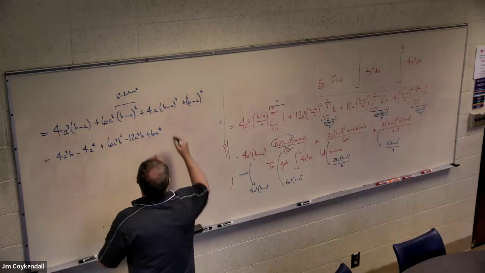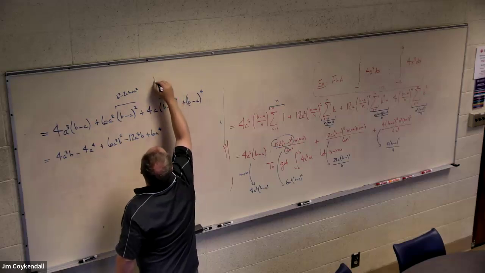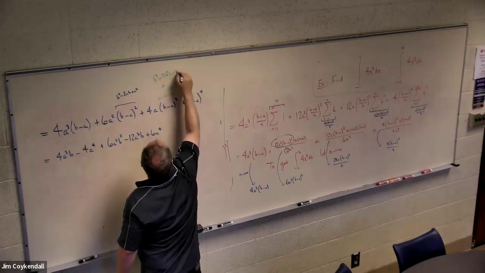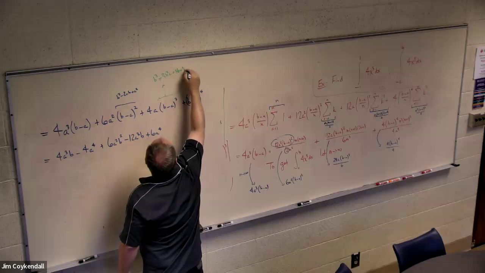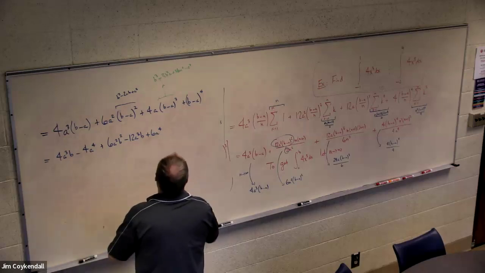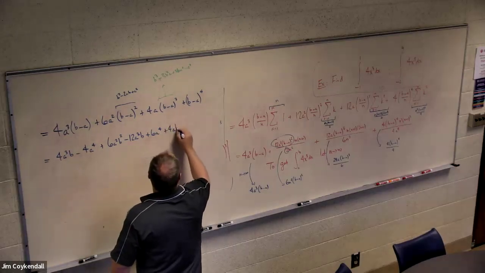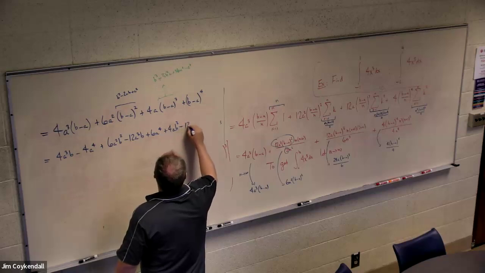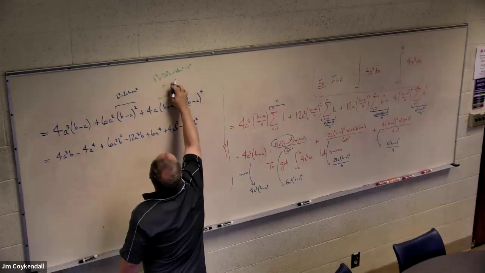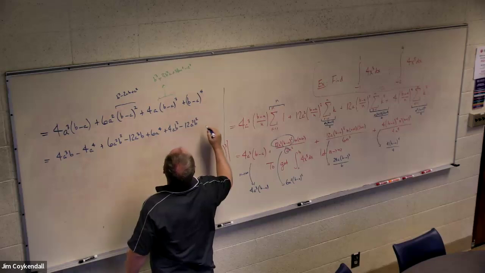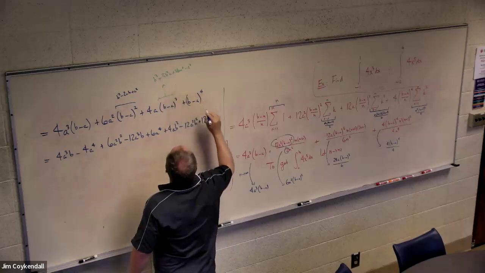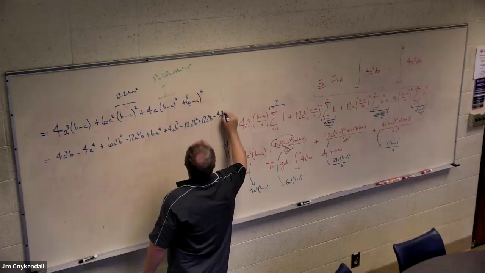This bit right here is b cubed minus 3b squared a plus 3b a squared minus a cubed. And so when I multiply that by 4a, I get plus 4ab cubed minus 12a squared b squared plus 12a cubed b minus 4a to the 4th.